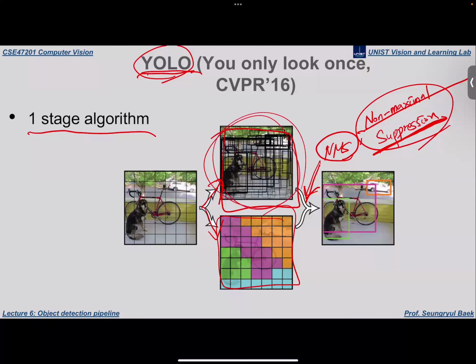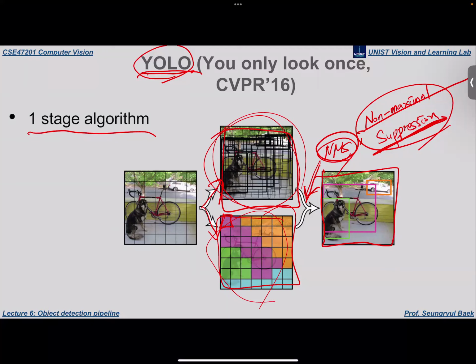Given many bounding boxes and a semantic class probability score for each region, we apply NMS and remain the bounding box which has the highest probability. So that's the YOLO algorithm.